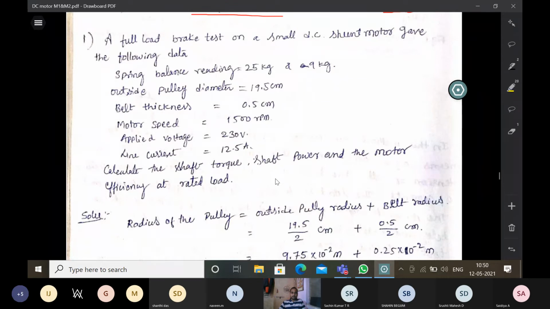Outside pulley diameter is 19.5 centimeter. Belt thickness 0.5 centimeter. Motor speed is 1500 rpm. Voltage applied is 230 volt. Line current is 12.5 ampere. Calculate the shaft torque, shaft power, and the motor efficiency at rated load.